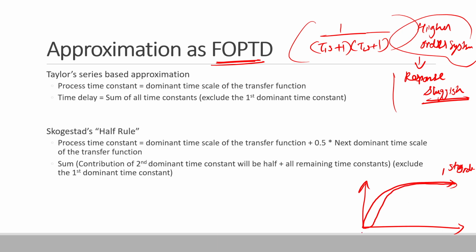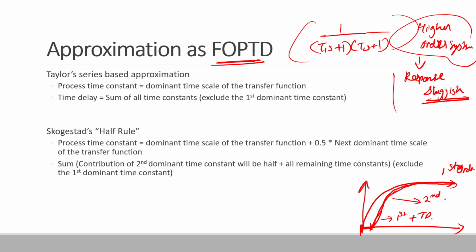Here we can see that there is a time delay. You can approximate this as constant, and then this part you can again consider as a first order system. So ultimately this entire curve corresponds to a second order system, but we can also approximate it as a first order plus time delay system.